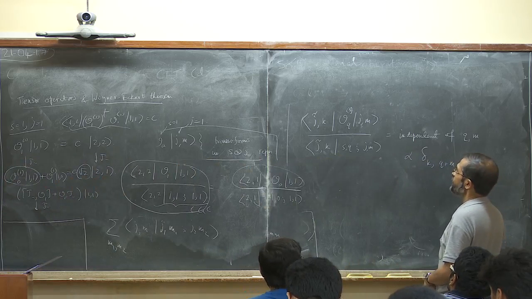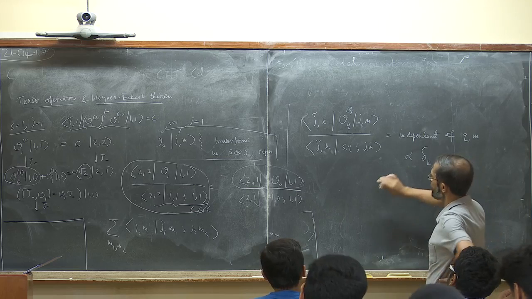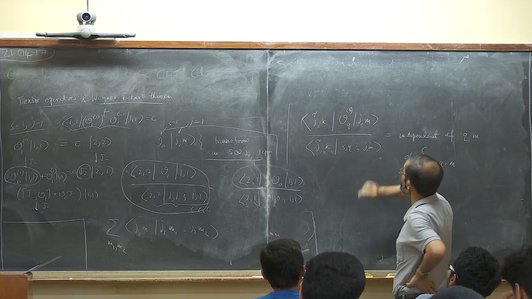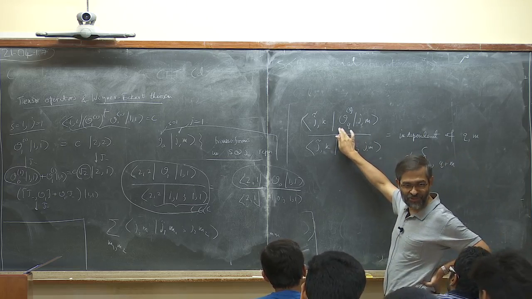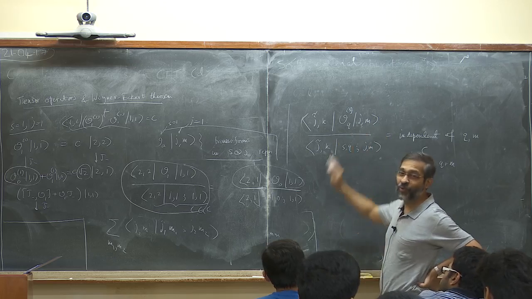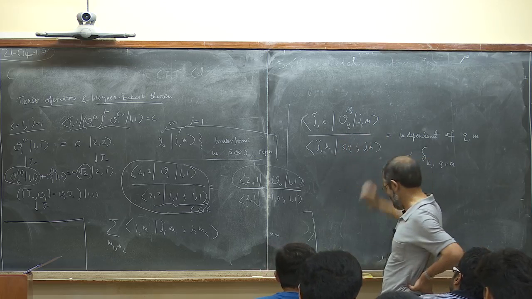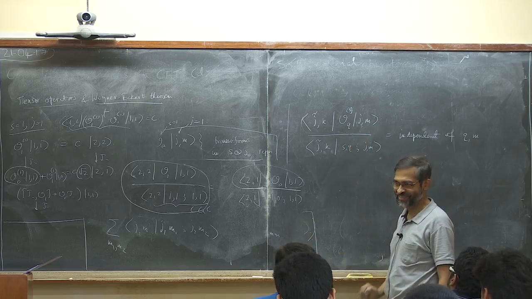Indeed, that's a good point. First, the numerator is non-zero when K is equal to Q plus M. There's a Kronecker delta here.